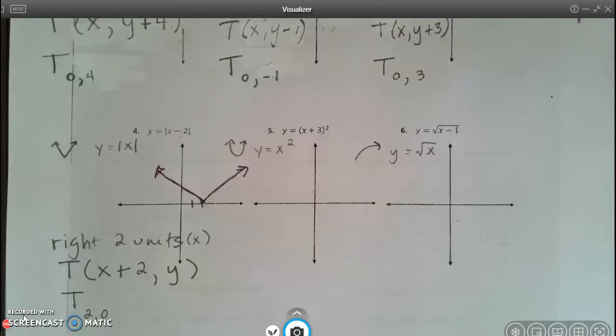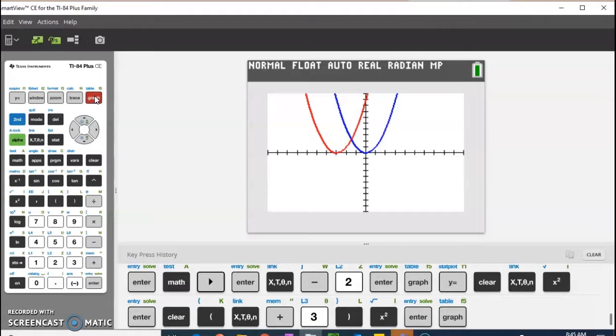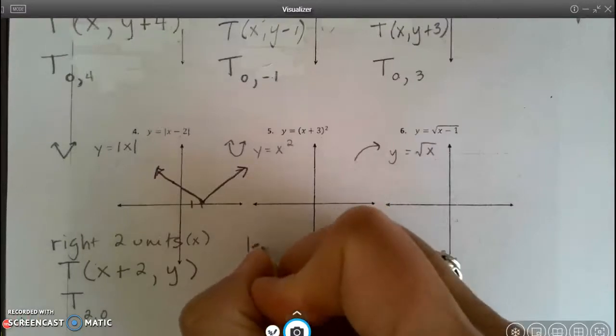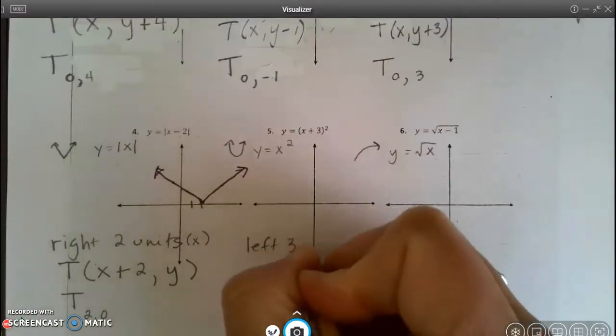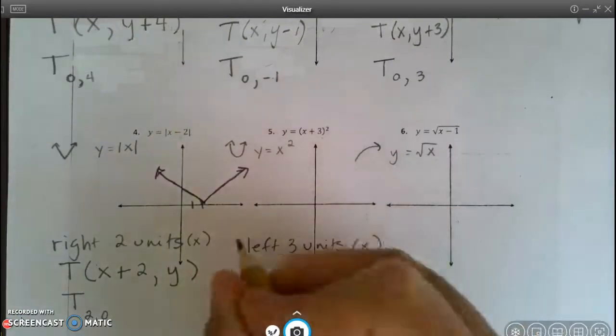So I've already identified my parent function, and I know the general shape of the graph, so we're going to go ahead and go to the calculator. Okay. So let's see what happens to the graph. This one moved to the left 3 units. Going left 3 units, which affects the x.